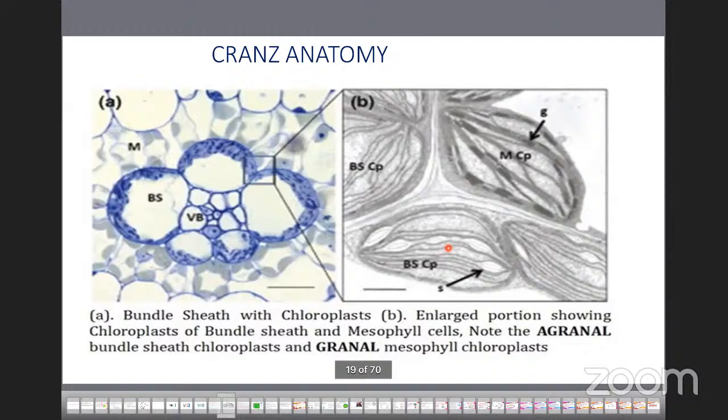That means grana are absent in agranule type. Only stroma lamellae are there. But whereas in mesophyll cells, grana type of chloroplasts are found. So that is the difference between the grana and agrana. The next, Kranz type of anatomy.